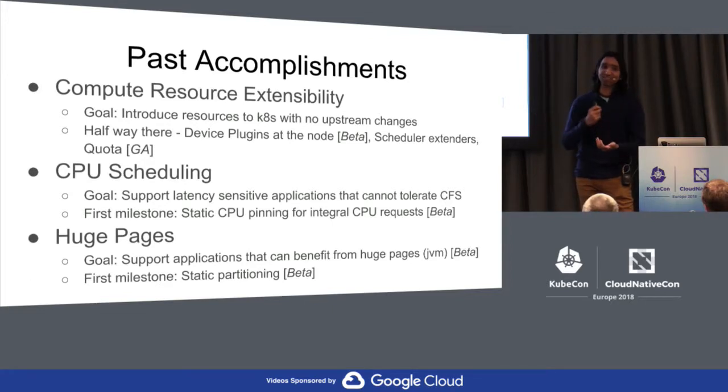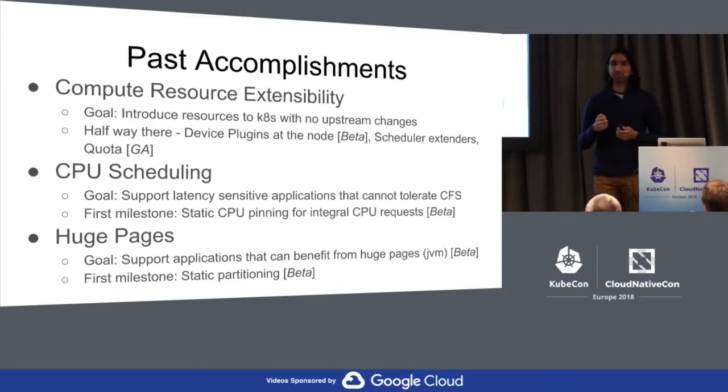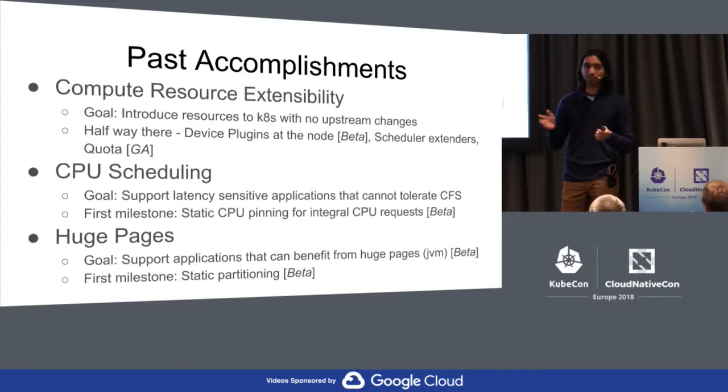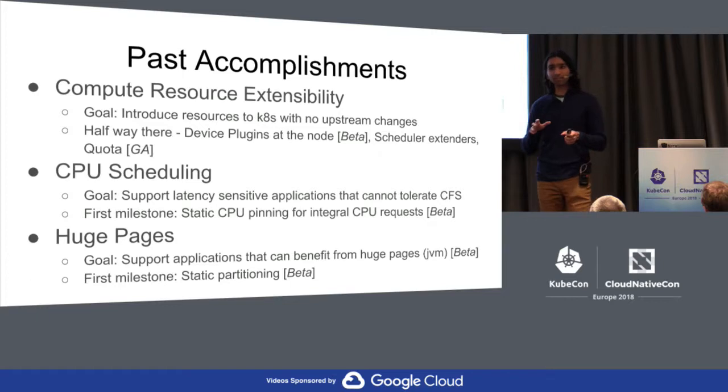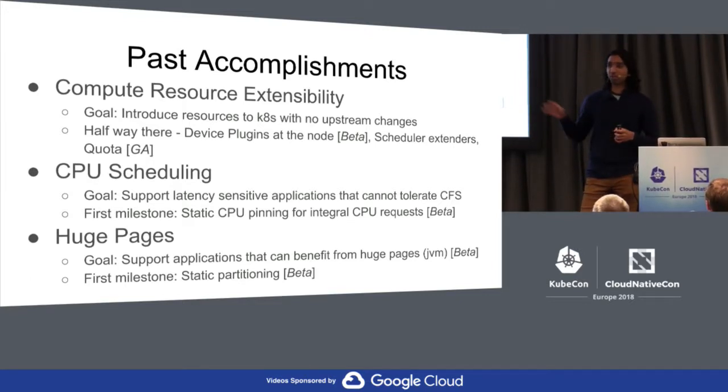So we said, okay, we'll first start with just static pinning, where if a pod shows up asking for an integral number of cores, then we'll just give it a single core or whatever number of cores it asked for, and that's it. It's statically done. If there's fragmentation, then we just deal with it. But then we also have our ambitious goals that I mentioned earlier, which is making it available not just for integral cores, but also for other use cases, such that the user doesn't have to worry about fine-tuning CFS or fine-tuning quota and so on.